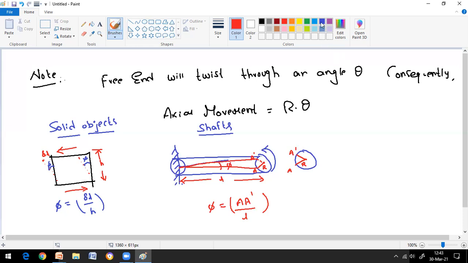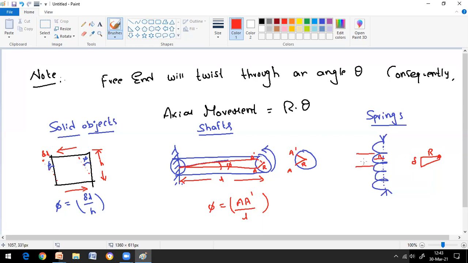Coming to springs, how does shear come into the picture in springs? Let us take a spring. When it is subjected to compression, this is the axis and this is the radius. When it is subjected to compression, there will be a change in the height of each pitch.